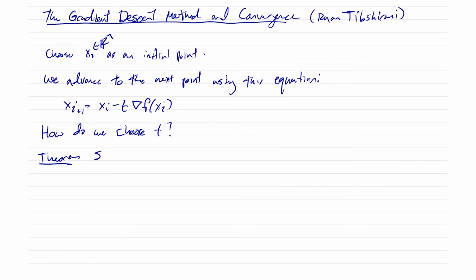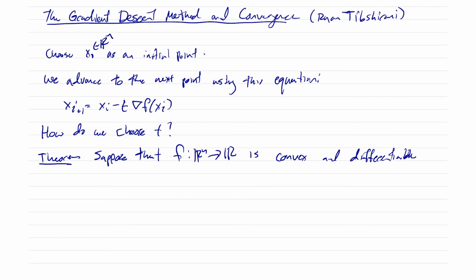So what we're going to do is suppose that f going from Rn to R is convex and differentiable, and that its gradient of f of x is Lipschitz continuous.